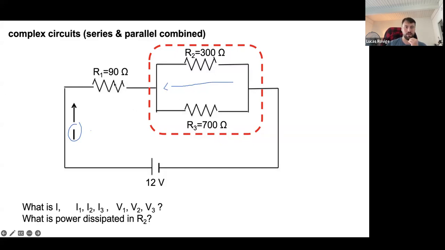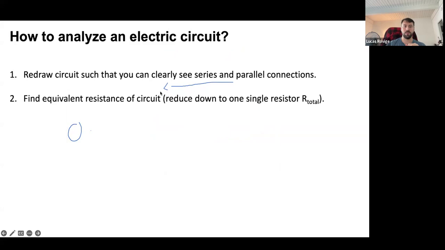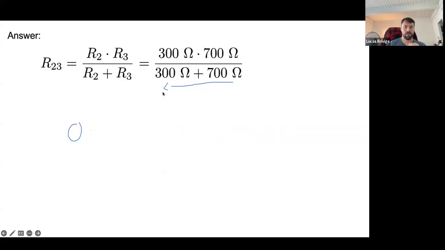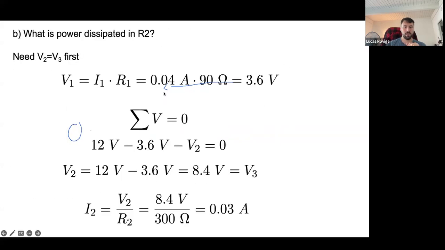Or instead, even without doing that, if we have the potential drop, we can just get the power dissipated using V squared divided by the resistor. So we're looking to get V2, the potential across those two resistors, and it's the same because they're connected in parallel.